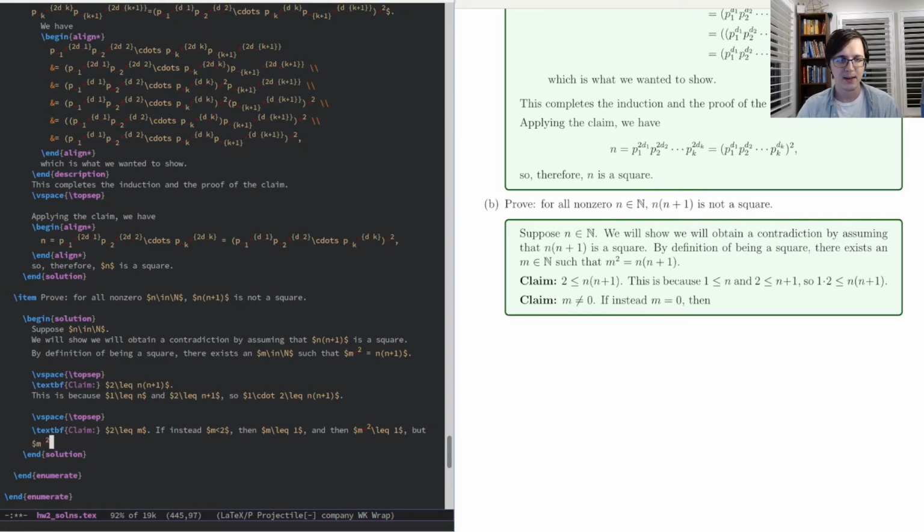But m squared is n times n plus 1, which contradicts the previous claim. So that was a little contradiction proof.